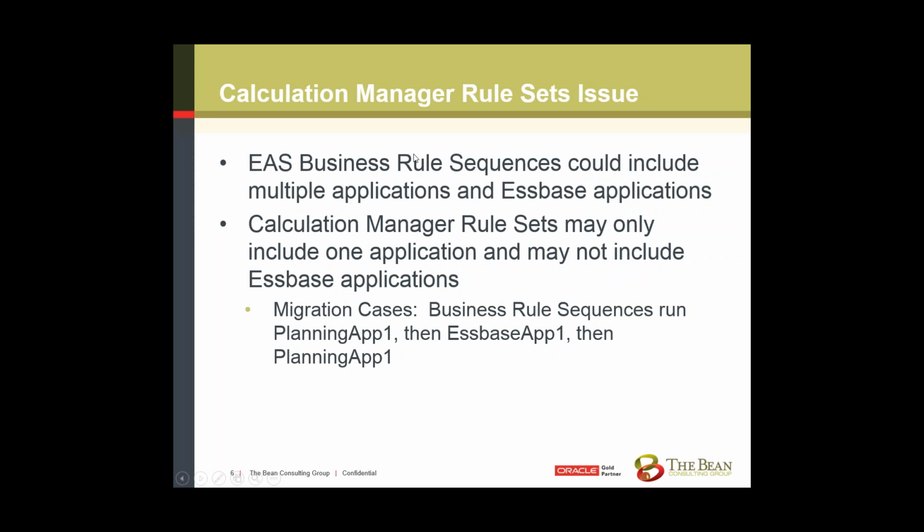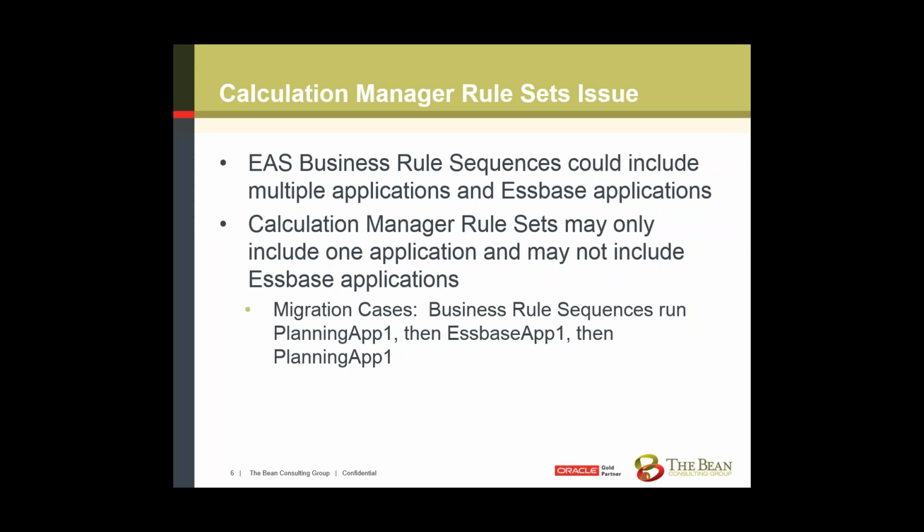Those sequences could include multiple applications. So I could have a rule from a planning application as my first rule in the sequence. Then my second rule in the sequence could run against an Essbase BSO application. Then my third rule in the sequence could then go and run against the planning application again.